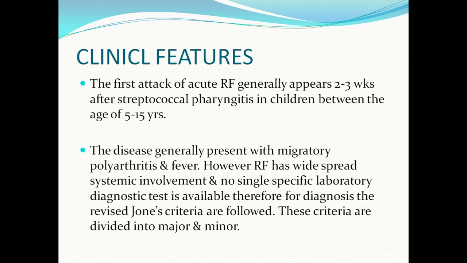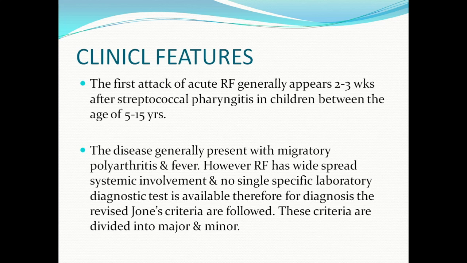However, rheumatic fever has widespread systemic involvement and no single specific laboratory diagnostic test is available, and therefore for the diagnosis the revised Jones criteria are followed, and these criteria are divided in two parts. So now you clearly understand what happens in rheumatic fever.